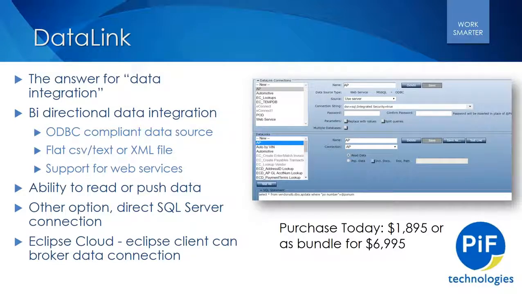That's not a problem. What we do is we utilize our Eclipse client to broker that connection. That's one of the benefits of the architecture of Eclipse, where the physical browser interface of Eclipse and the client application can be separated or together, and allows for that integration to happen.